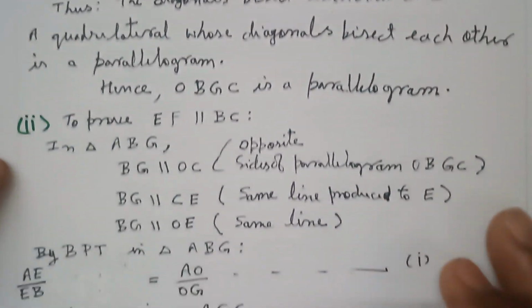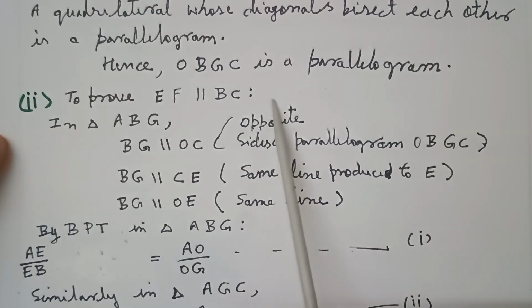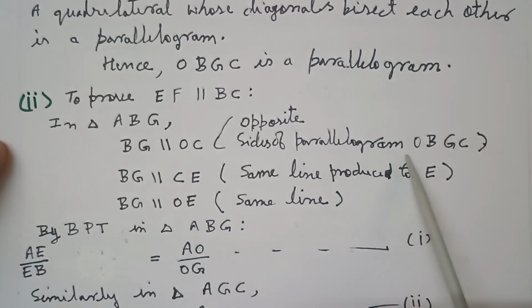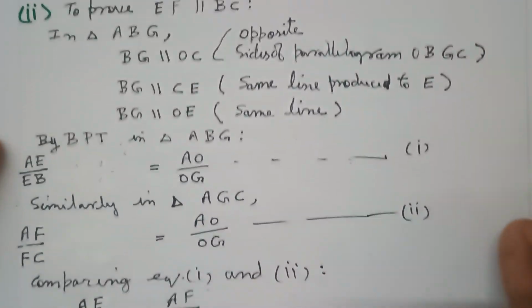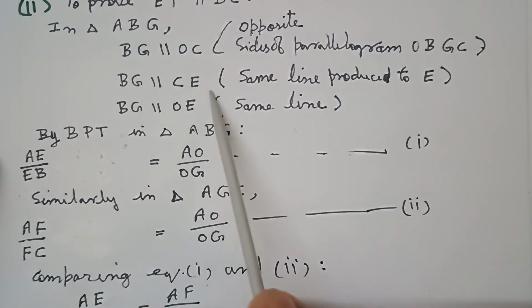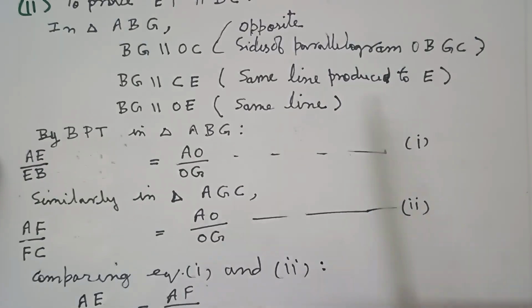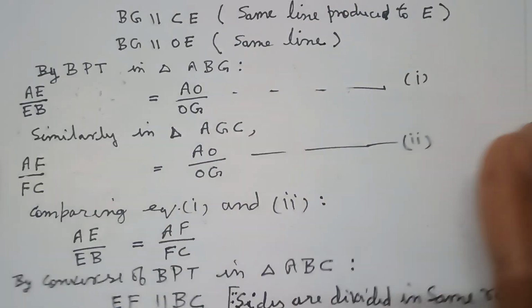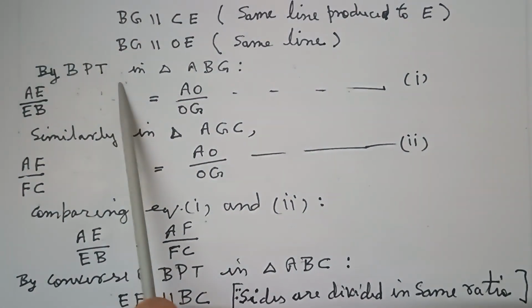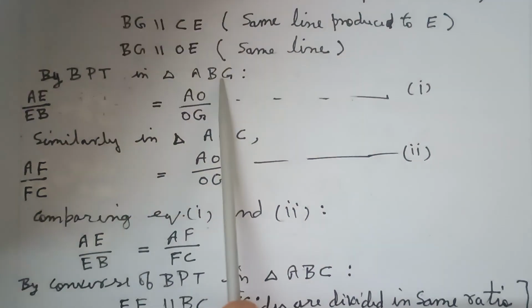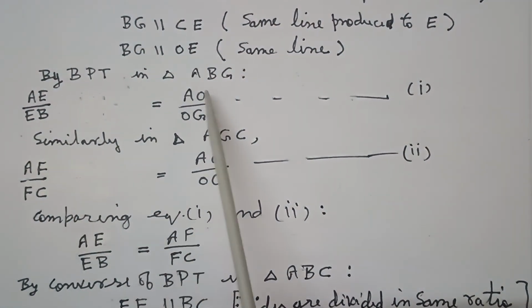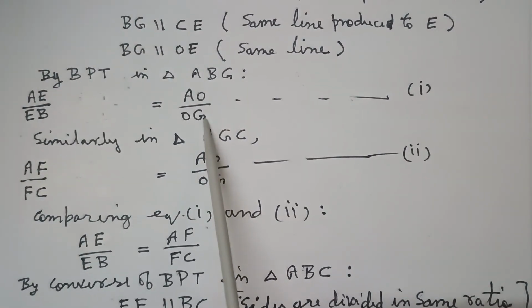So to prove EF is parallel to BC, in triangle ABG, BG is parallel to OC, opposite sides of parallelogram OBGC. BG is parallel to OC, the same line produced to E. BG is parallel to OE, same line. So by the basic proportionality theorem in triangle ABG, AE upon EB is equal to AO upon OG.